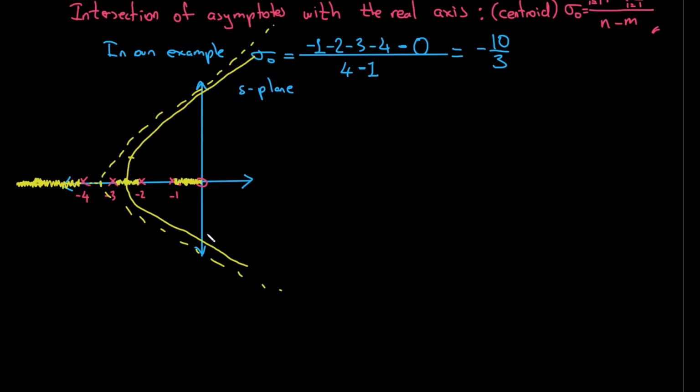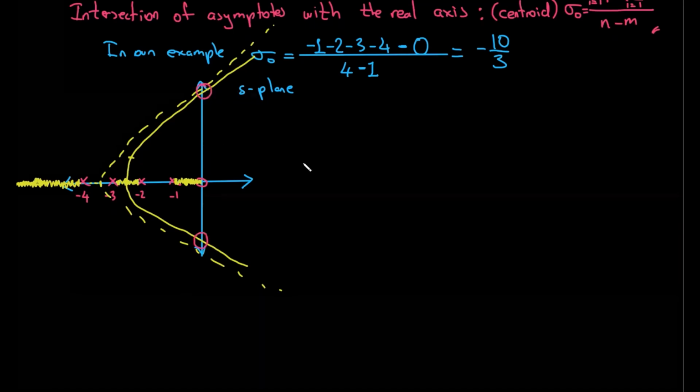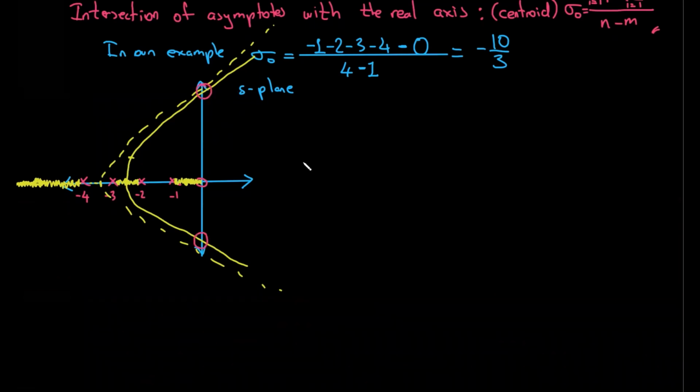So the most critical points are the points where we intersect the imaginary axis, right? Because at those points, the closed poles are going from the left half plane to the right half plane, or right half plane to left half plane, right? So the stability of the system changes around these points if you increase k further. Okay, so after the break, we will find the intersection of the root locus with the imaginary axis.